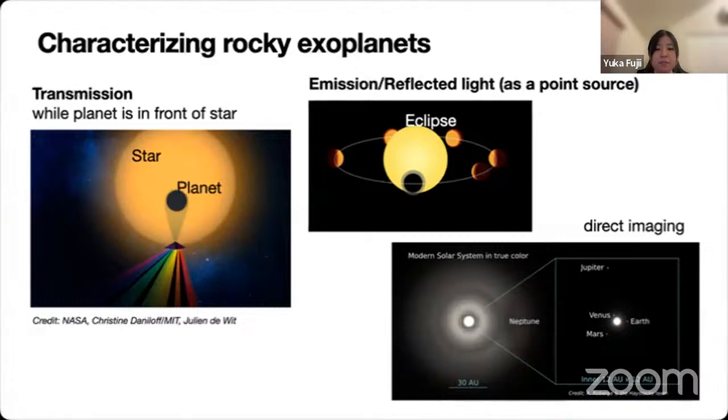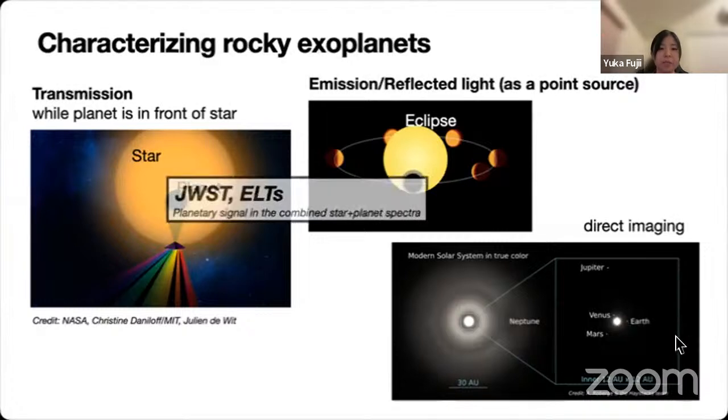Another useful technique is to detect planetary light using eclipse. The flux difference between during the eclipse and out of eclipse can be attributed to the planetary emission. These two techniques try to identify the planetary signal in the combined star and planet spectrum, and will be the main approach in the era of JWST, and ELTs will also try to do this.